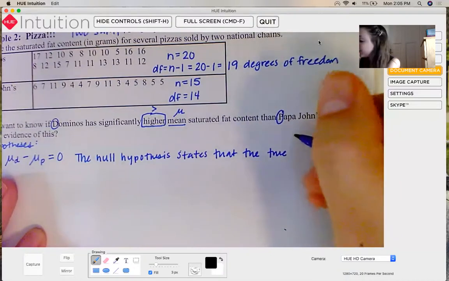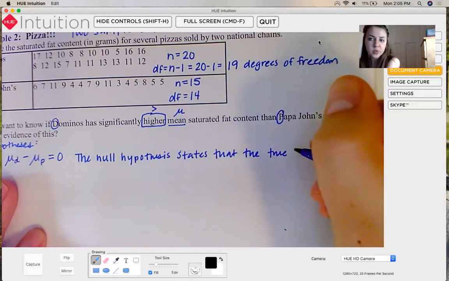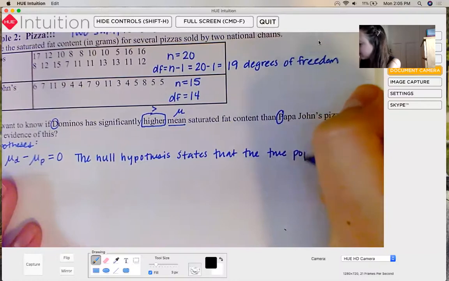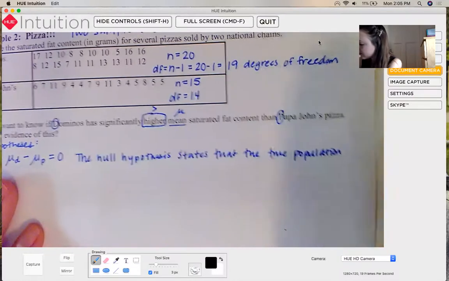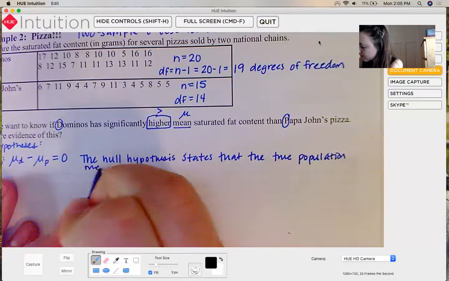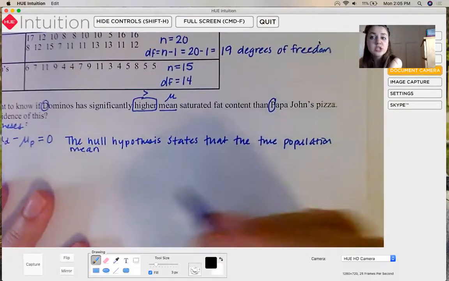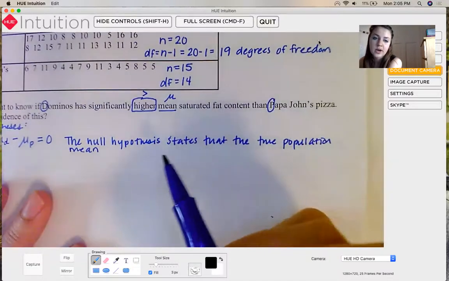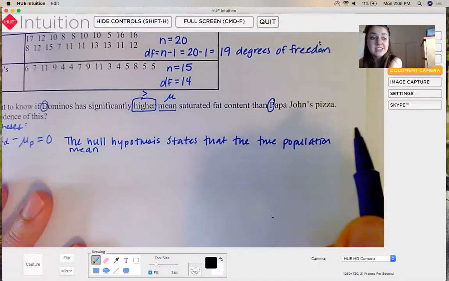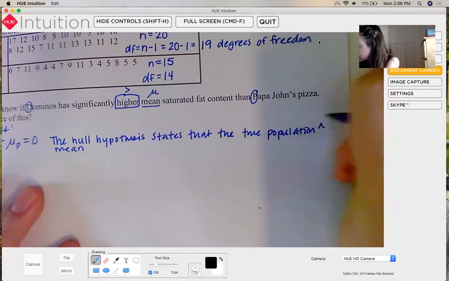It states that the true, instead of population proportion, we're going to say here the true population mean. And now remember, we're talking about differences, so we do want to sneak the word difference in somewhere. So the true population difference in means, I'm going to add that word right here.